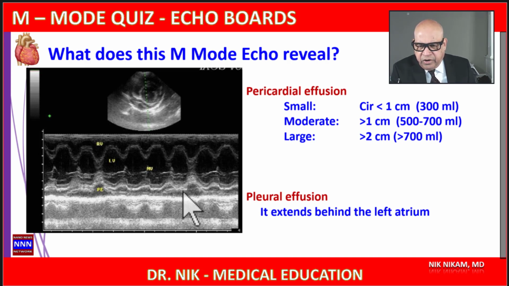And along with that pericardial effusion, we also have exaggerated movement of the right ventricular wall. When we have a moderate effusion and exaggerated motion of the right ventricular wall, we need to be concerned about pericardial tamponade.